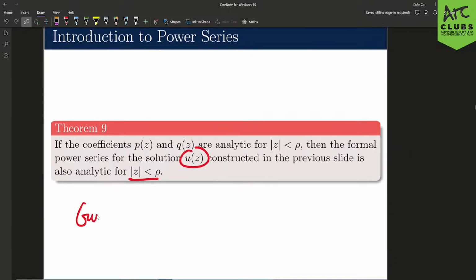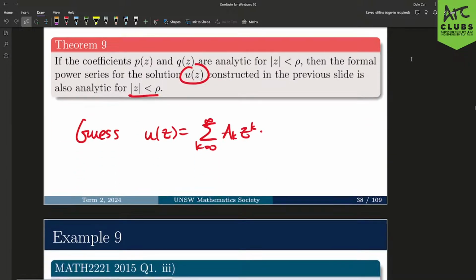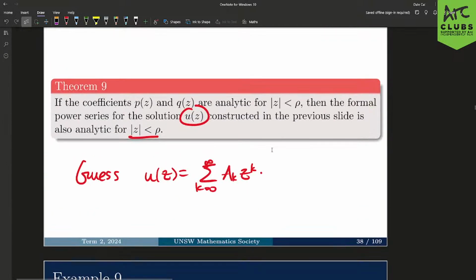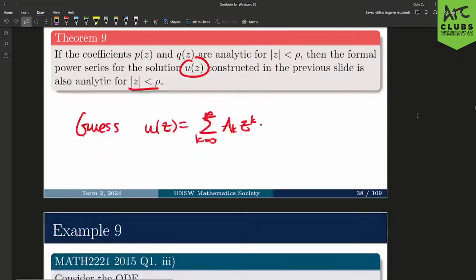So essentially, guess u of z equals a sum of a_k z to the k. What that's saying is we're guaranteed a solution of this form and that it does converge. So you don't need to worry about checking that yourself.